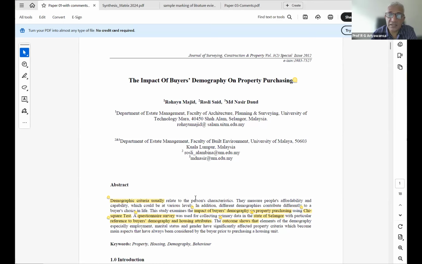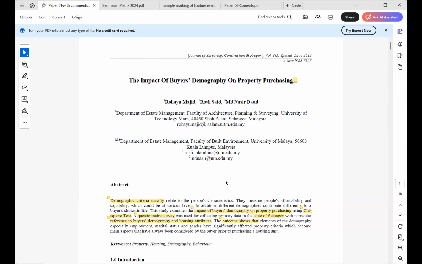That's how we have to start it. These particular authors have started with general, broader, universal, common facts. So it is: demographic criteria usually relate to the person's characteristics, right? Is it clear? It is clear?